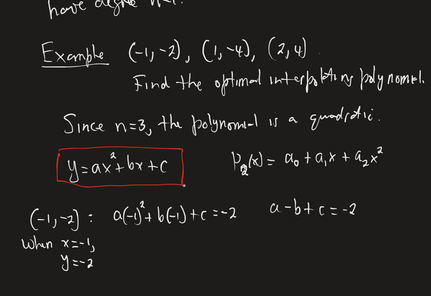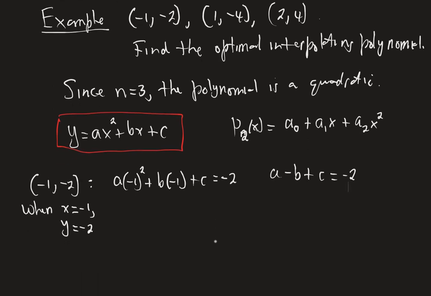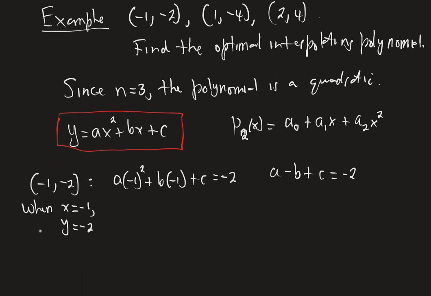If I repeat this process for the remaining ordered pairs, because the ordered pairs are distinct, what's guaranteed is that the equation is never going to be repeated. That's the whole idea of having distinct points: you're not going to have the information from any given point duplicated. So let's write down the other ones.